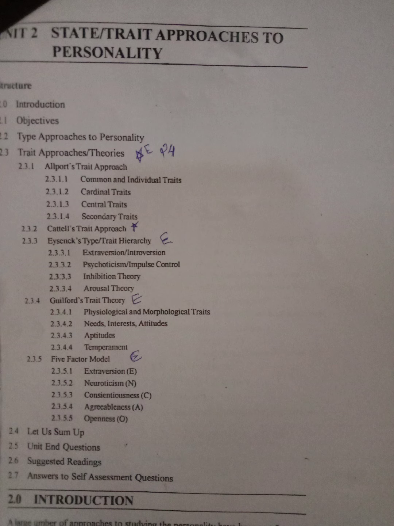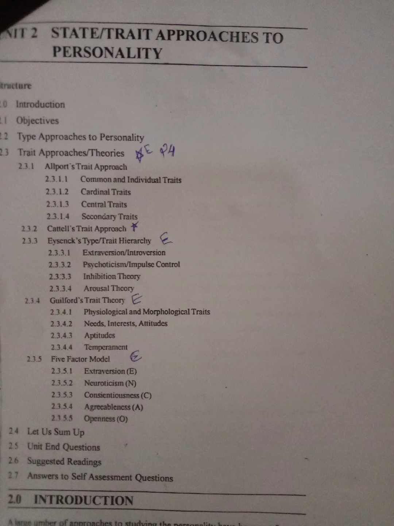So in Guilford's theory, we discussed physiological and morphological factors; second, need, interest and attitude; third, aptitude; fourth, temperament. Next is the five-factor model.